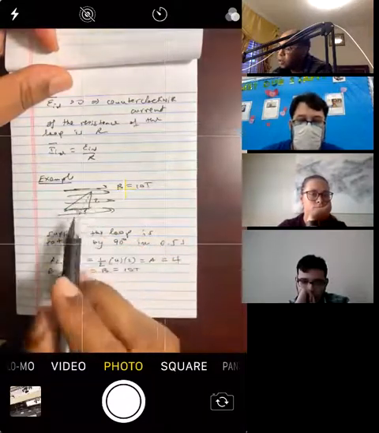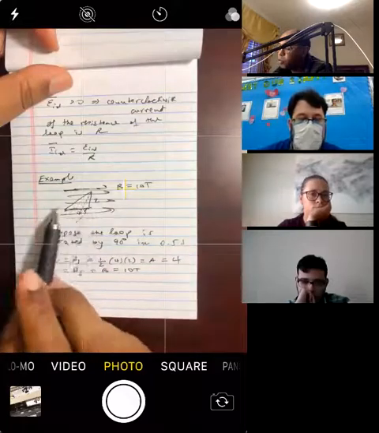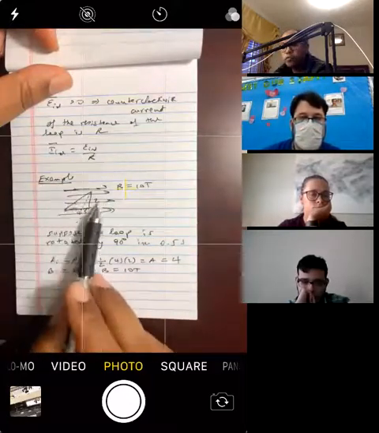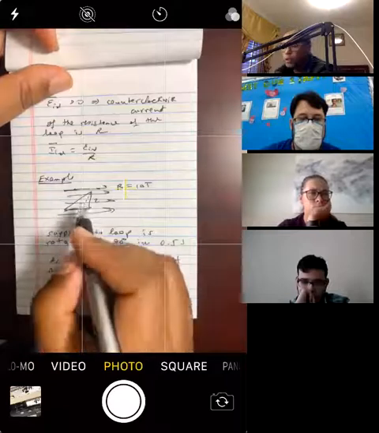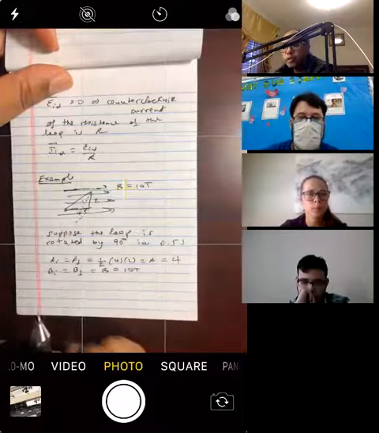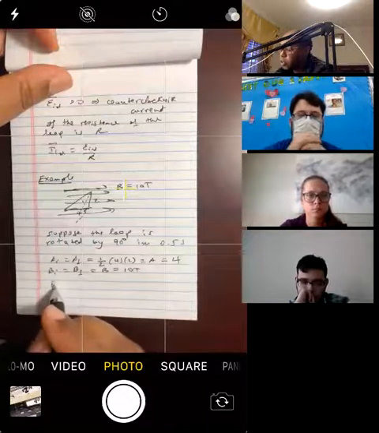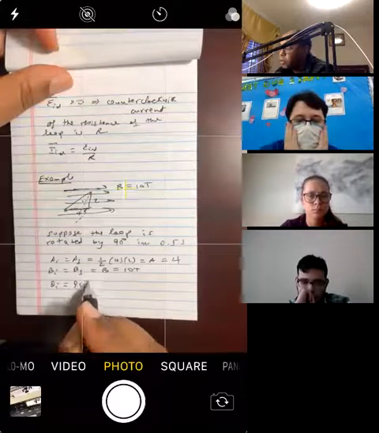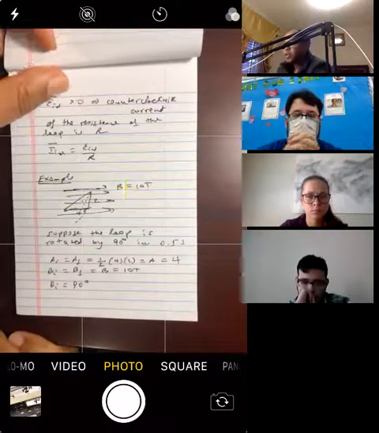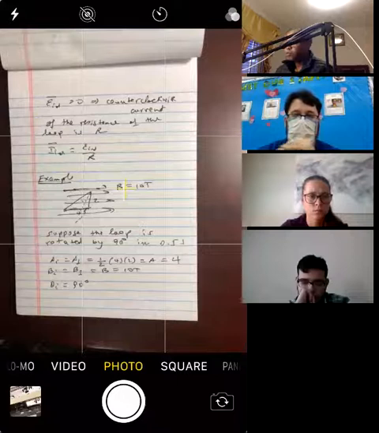You see, initially the plane of the loop was parallel to the field. Remember, the area vector is perpendicularly out. So what's the initial angle? 0 or 90? 90 degrees. So theta initial is 90 degrees. Now, how about when you rotate it perpendicularly?